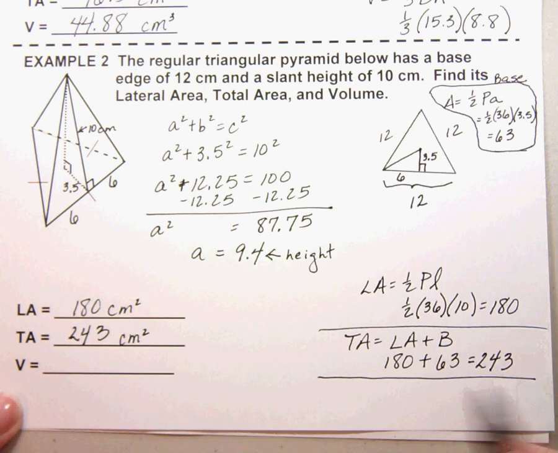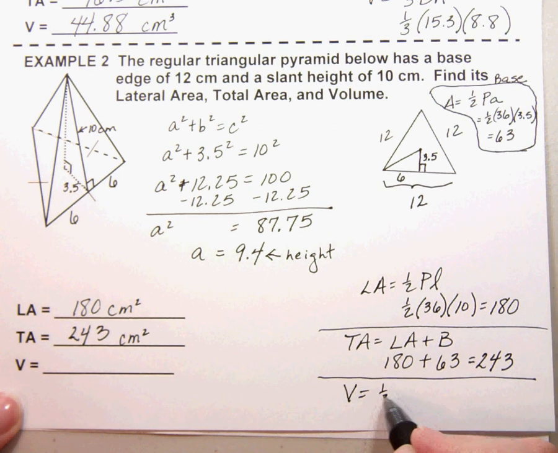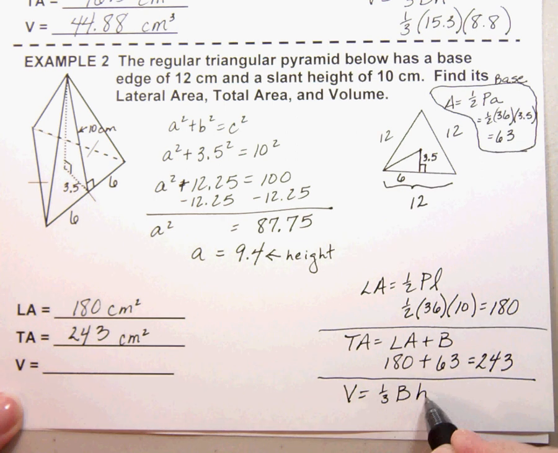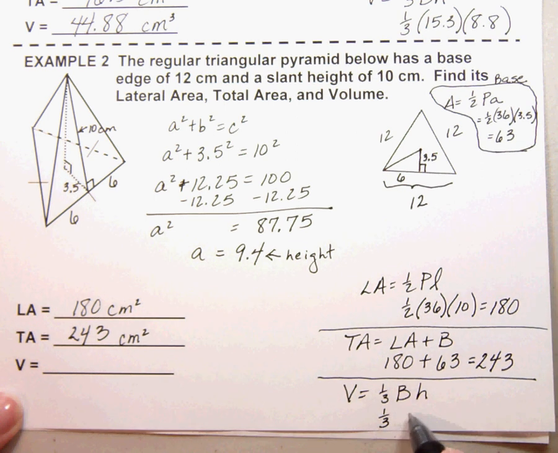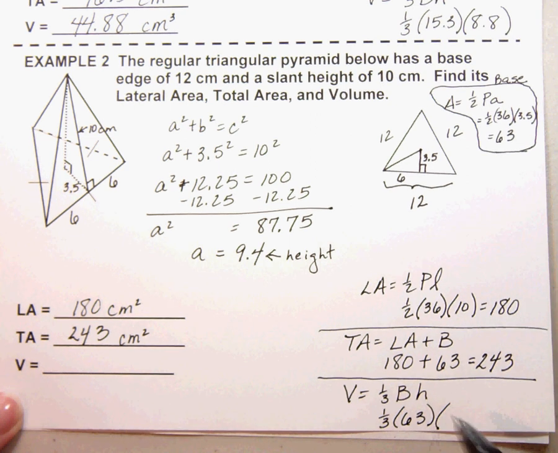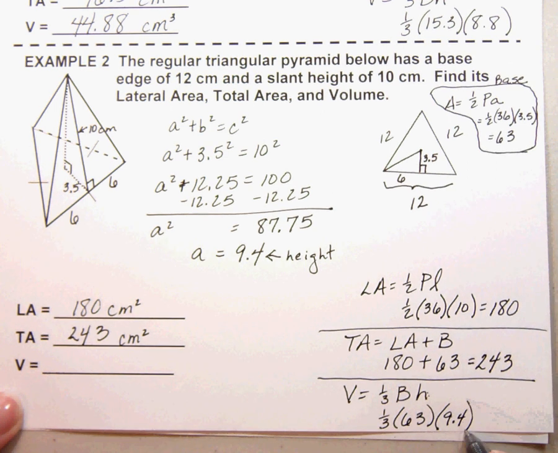Okay, one more formula. The volume formula is 1/3 the base area times the height. So it's 1/3. The base area was 63, and the height, now remember this h means the height of the pyramid. So the height of the pyramid is 9.4.